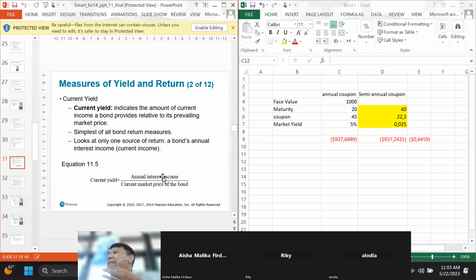If we have different bonds with different maturities, different issuers, different characteristics, this is the simple assessment that we can use. This is the annual interest income, the annual coupon, divided by the current market price. And if we have several bonds, we will choose the bond that has the highest current yield. Okay.